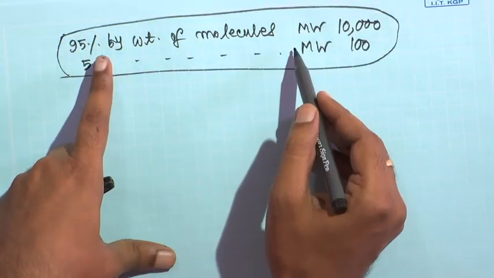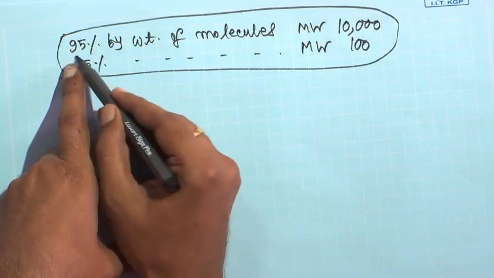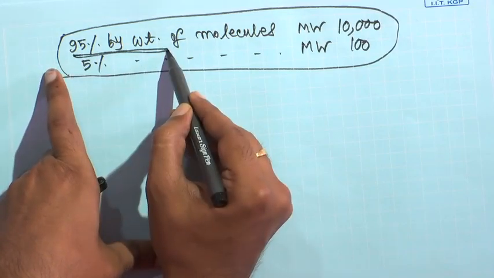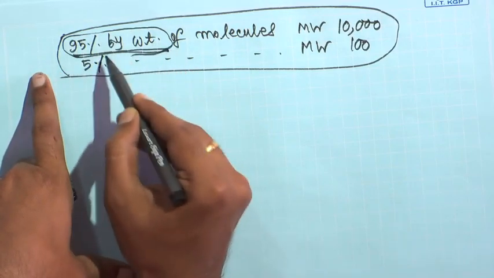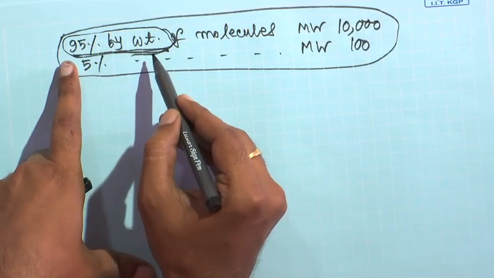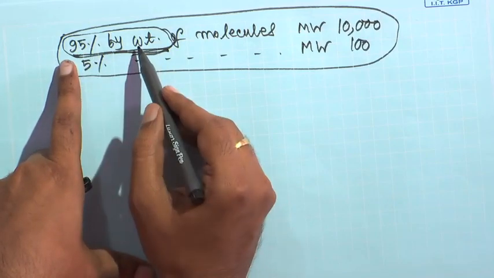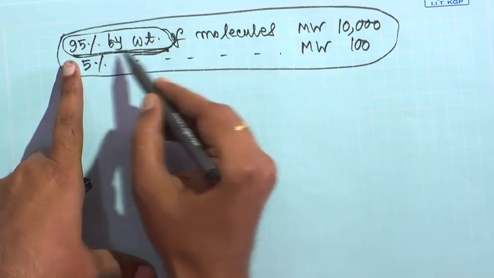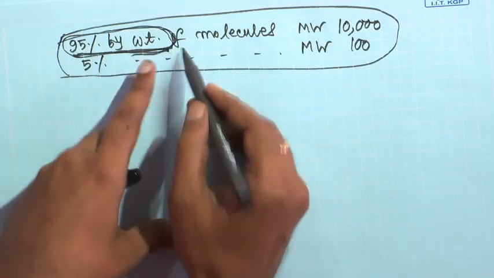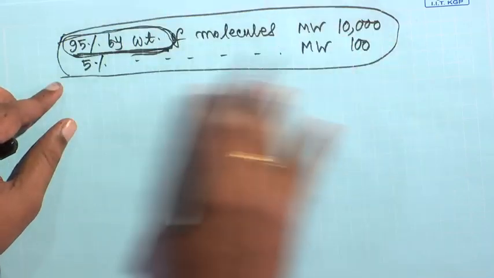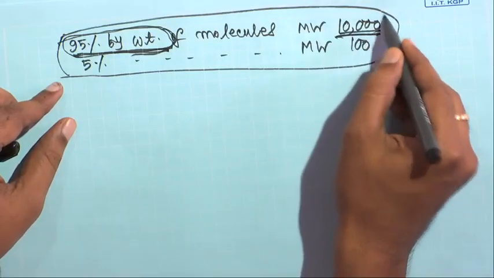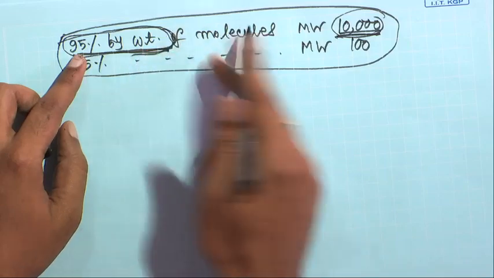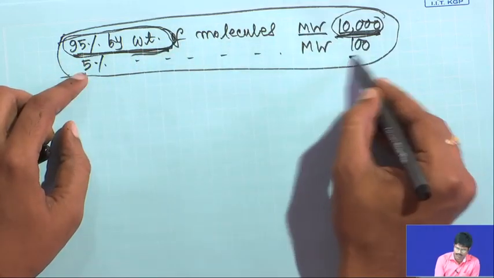The properties of the sample will be predominantly determined by this 95% by weight of molecules, simply because they occupy most of the weight of the sample. So, you need to use a molecular weight determination that is actually biased towards this 95% weight of the sample. Now, you know this is a huge difference: 95% by weight of molecules have molecular weight 10,000, and only 5% have 100.